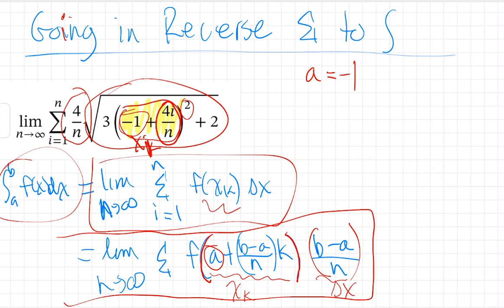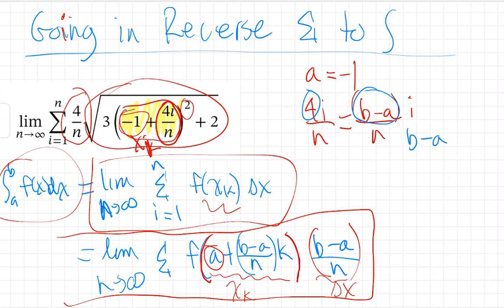So that means 4i over n has to equal b minus a over n multiplied by i. That means b minus a equals 4. We know that a is -1, so b minus -1 equals 4.